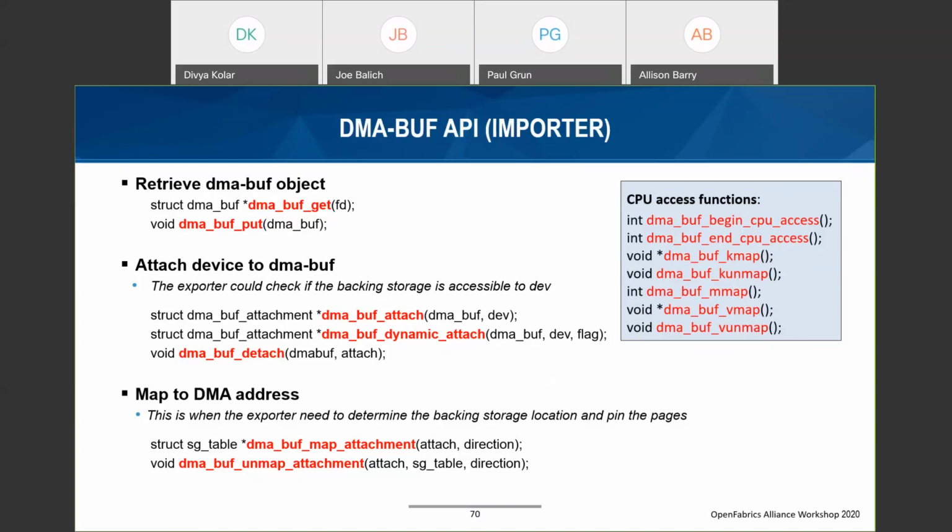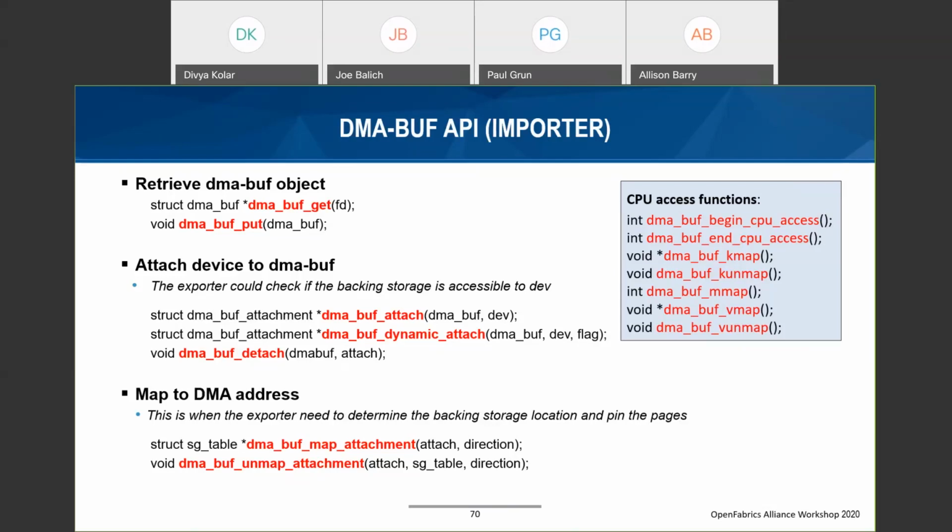The attach function is actually calling the method exported by the exporter, so the exporter at this time has the opportunity to check if the storage backing the DMA-Buf is actually accessible to this device, and so it can return success or failure, depending on the situation.